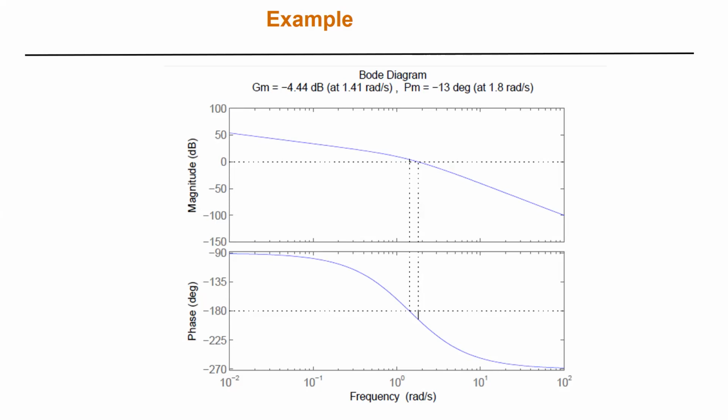Now let me ask you, with this phase margin, can I use a phase lead compensator? Abdurrahman, I do not hear you. Are you around? We cannot use it, because the phase is already negative.